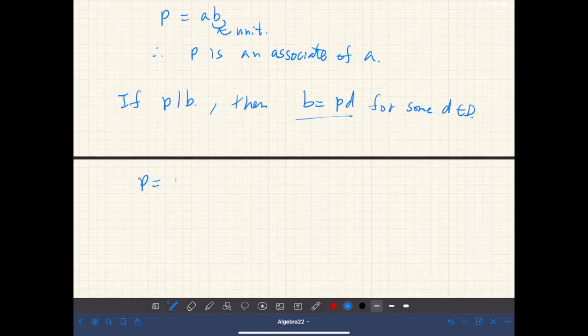P is equal to AB, and B is replaced with PD. But an integral domain is commutative, so we can swap the order of this product, so PAD. And again, canceling P, we have 1 equal to AD.